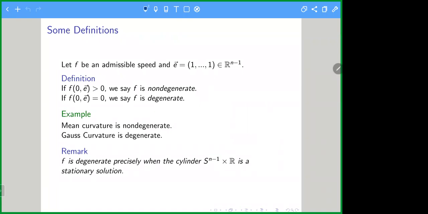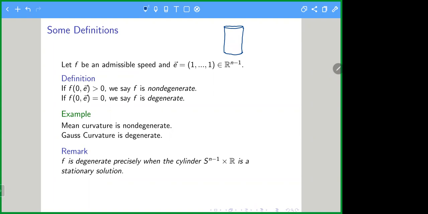For higher homogeneities, the situation is a bit more delicate, so we need some more definitions. I want to classify my speed into two types based on whether the usual cylinder is a stationary solution or if it shrinks down to a line.